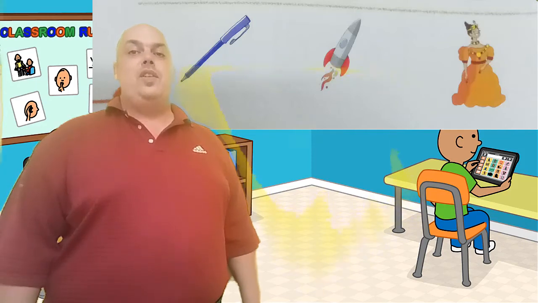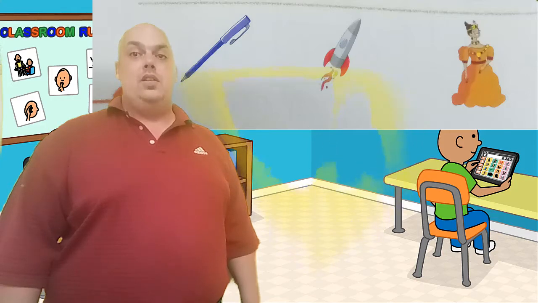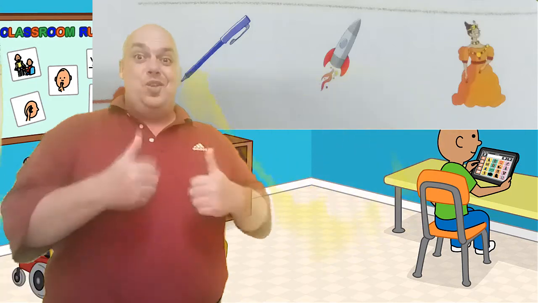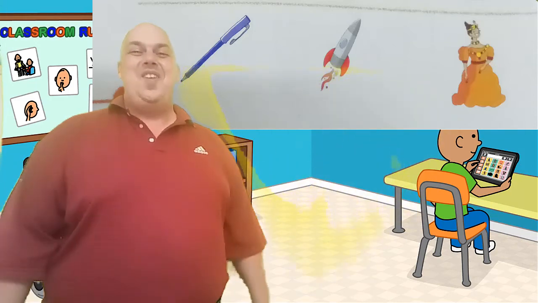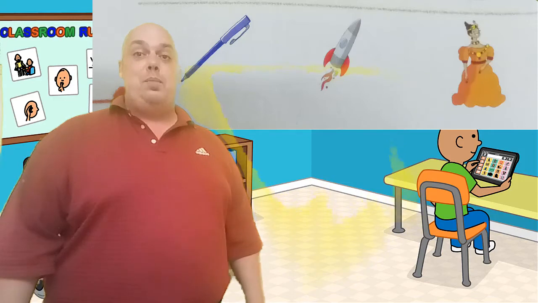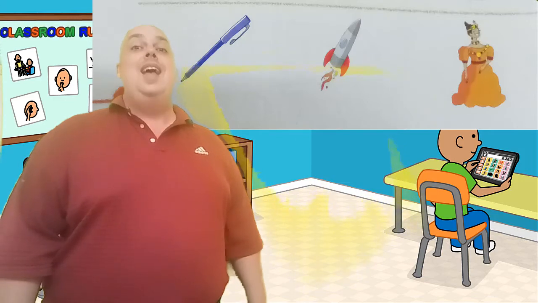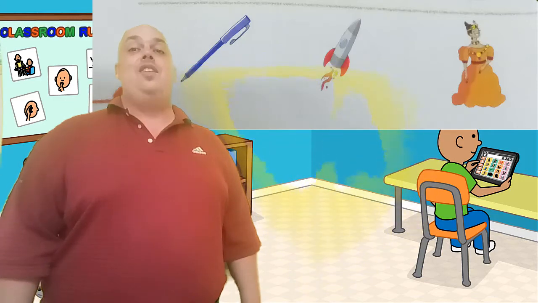Which of these starts with the qu sound? Is it the pen, the rocket, or the queen? Okay, did you finish the whole page? Good job! Now that we finished this page, we can go to the next page, of course.